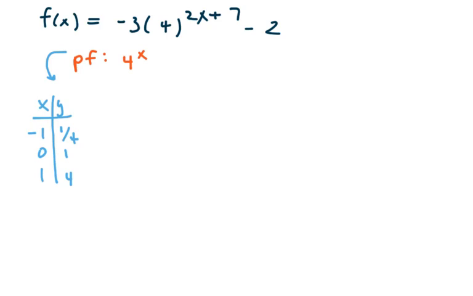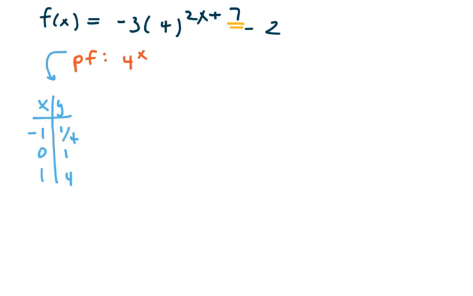So first thing, let's find our first horizontal transformation. So it's either the 2 or the 7, right? But remember, for horizontal transformations inside of the function, we do reverse PEMDAS. So we're going to take care of the 7 first, because we would do addition before multiplication in this reverse PEMDAS world.